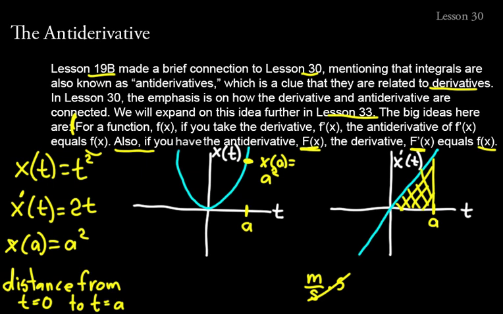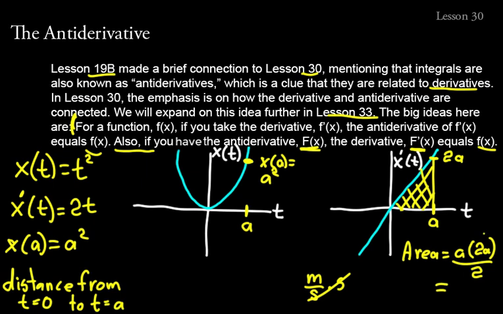For this particular function, x prime of t equals 2t, so when t equals a, x prime of a equals 2a. So the height is 2a, and it's a triangular area. So that would just be the base, a minus 0, which is just a, times the height, which is 2a, all over 2.